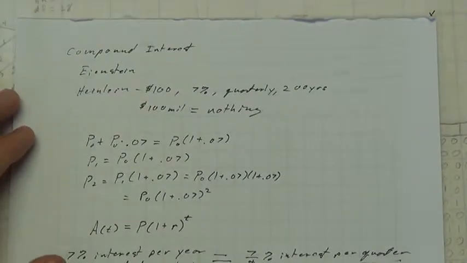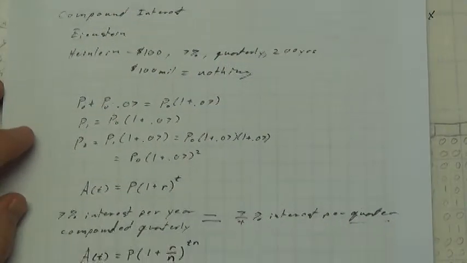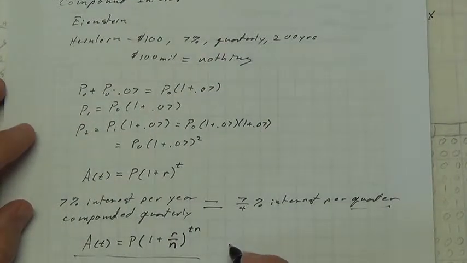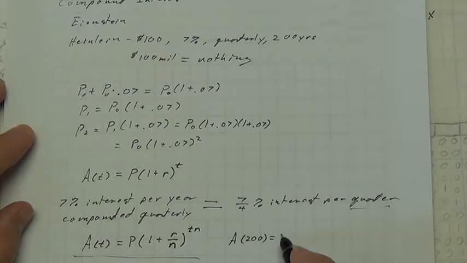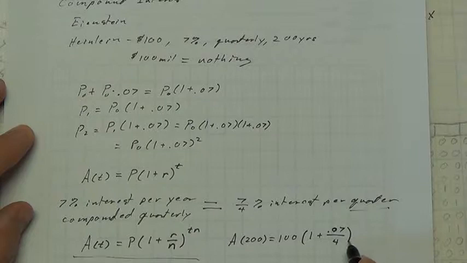Using this, we can actually check Heinlein's assertion about the $100 at 7% interest compounded quarterly for 200 years. Our principal is $100. Our rate is 7%, 0.07. Compounded quarterly, so divide that by 4.